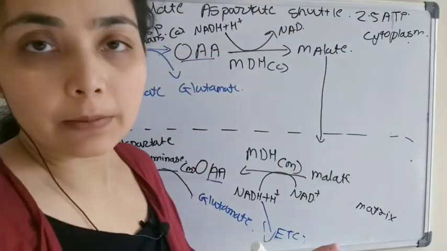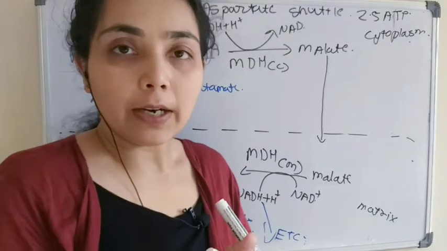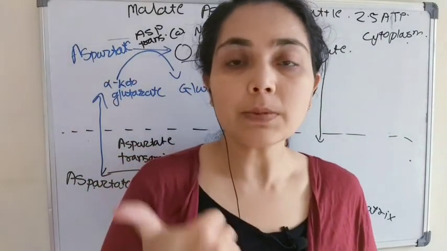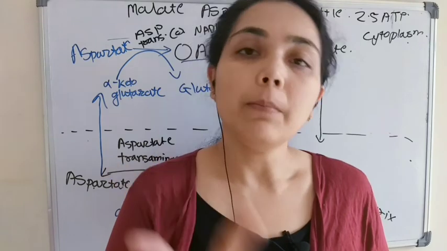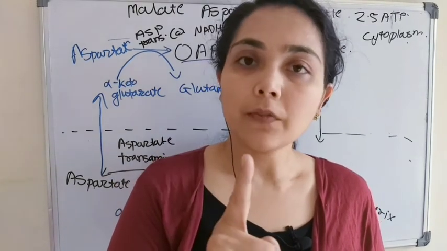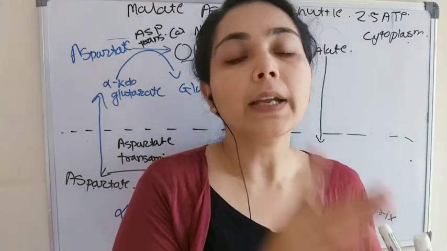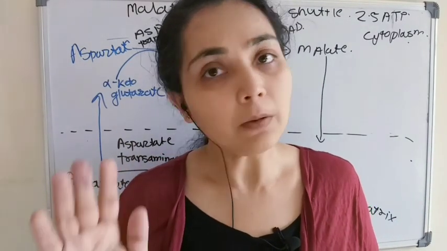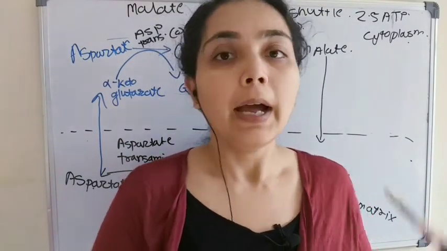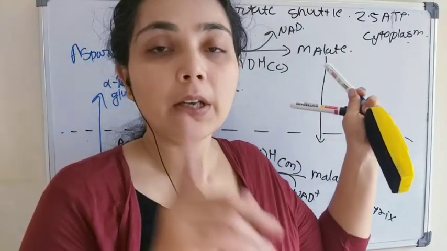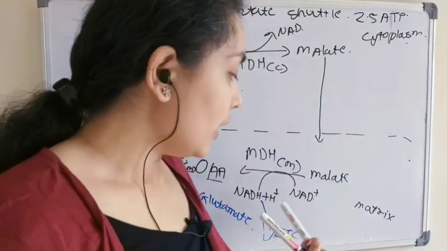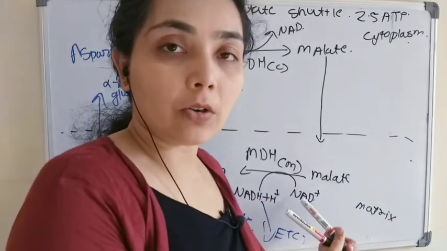Okay, so we talked about the two types of shuttle systems, glycerol 3-phosphate and malate aspartate. Glycerol 3-phosphate will transfer its electrons to FADH2. Therefore, we will get 1.5 ATP from the glycerol 3-phosphate shuttle. And the malate aspartate shuttle system will transfer its electrons to NADH in the matrix of mitochondria.